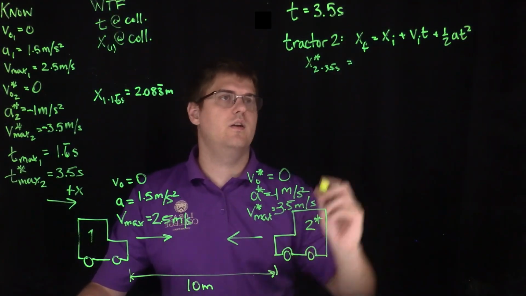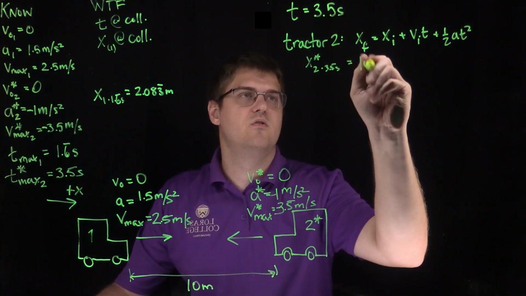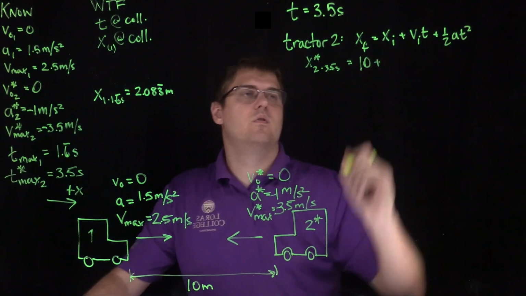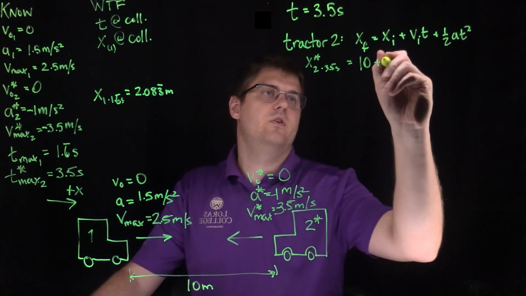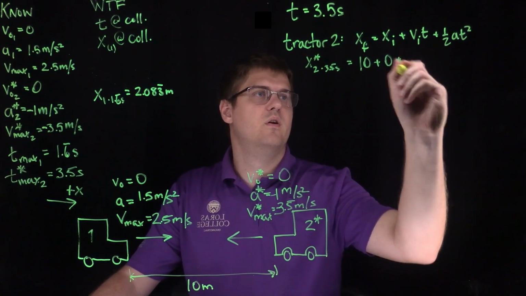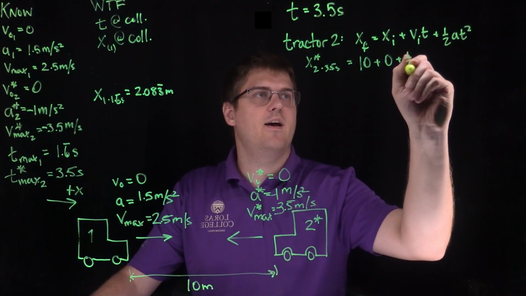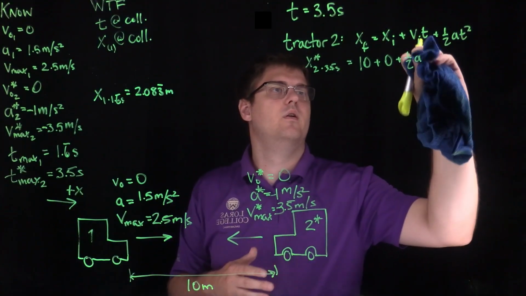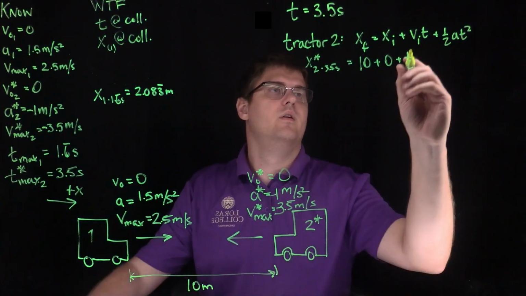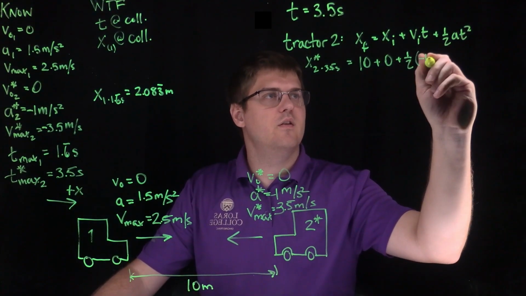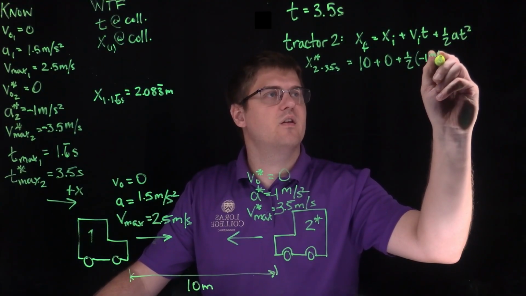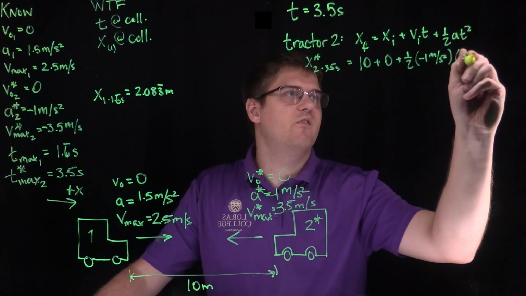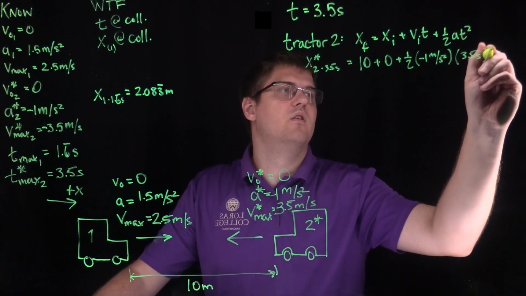X initial is 0, oh sorry, is 10. V initial is 0 plus 1/2 a, whoops, what am I doing? -1 meters per second squared times time, which is 3.5 seconds squared.